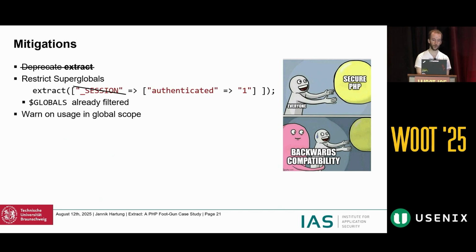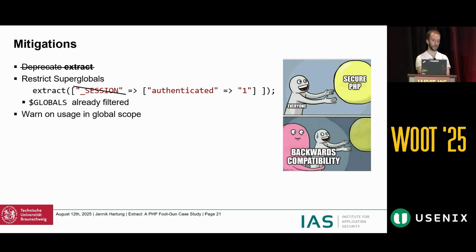So we thought about different not that intrusive ways to prevent this. And the easiest one would be to prevent overwriting global variables. That was the most prevalent one to actually get a more persistent exploit.